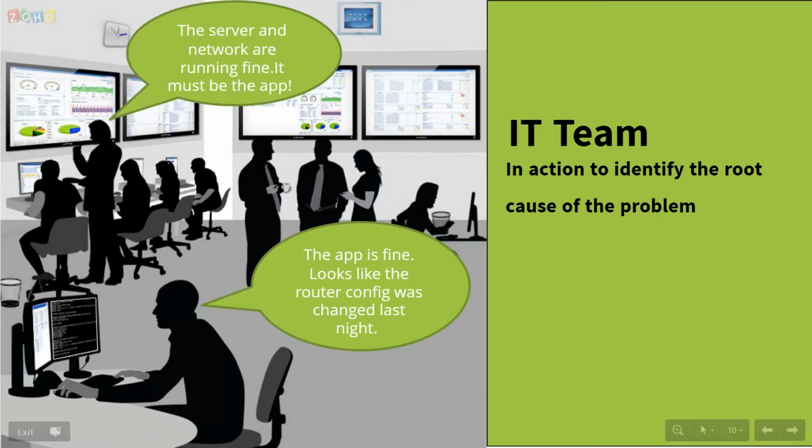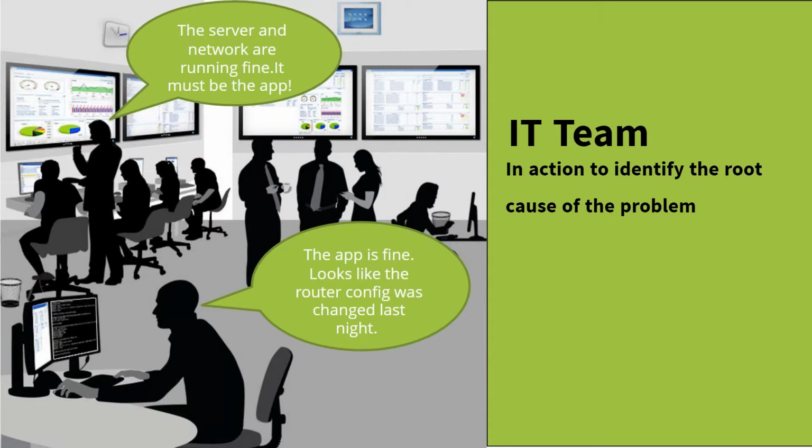So here is the scene at the IT team bay. The server and network team checks and confirms that the server and network are running fine and blames it on the applications team. So when the application admin checks and confirms that even the app works fine, he hints that the problem could be due to the network configuration change that happened last night.